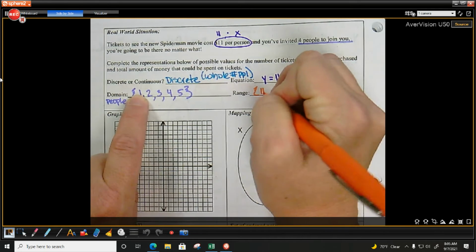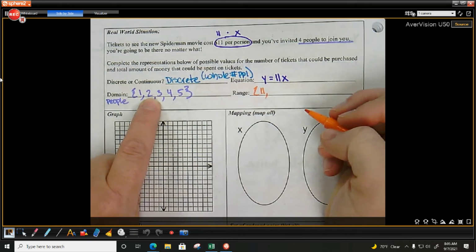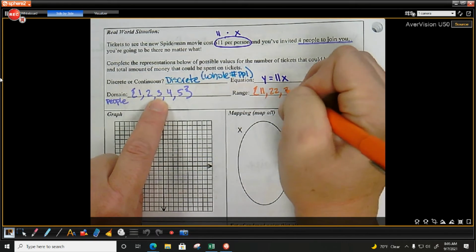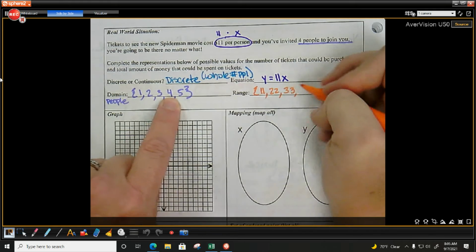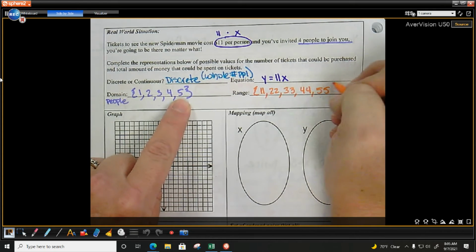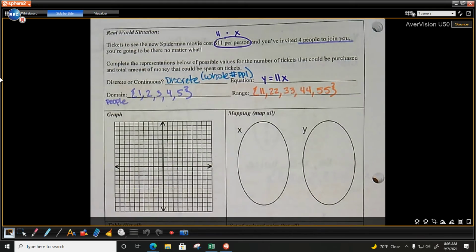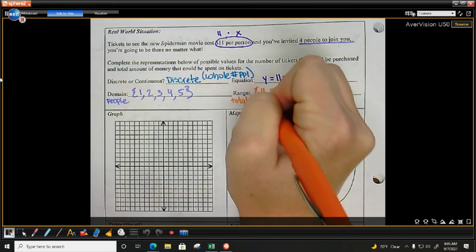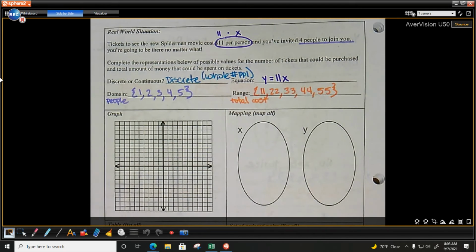If 2 people go, if 3 people go, if 4 people go, and if 5 people go. Are we okay with how I got my range? And range is total cost. Your total cost depends on how many people you have coming to the movie theater.